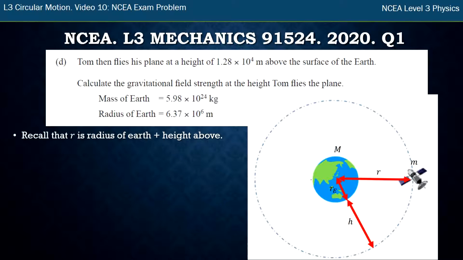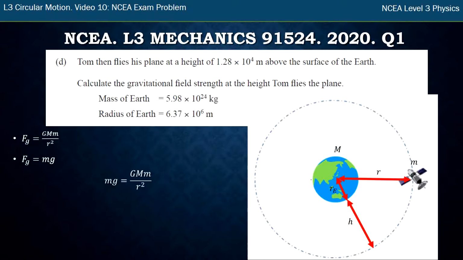We've got to add on the 1.28 by 10 to the 4. I want to find little g, and the way I do that is I equate Newton's law of gravity to the simplified version we have, F equals m little g, where the little g is the gravitational field strength. So I equate those two because they both calculate force of gravity.